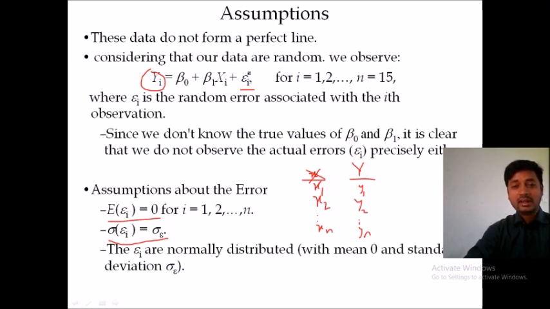So this error is the difference between the actual y and the estimated y, and it is randomly normally distributed. So we have to construct a model such that the total sum of this error should be minimum.